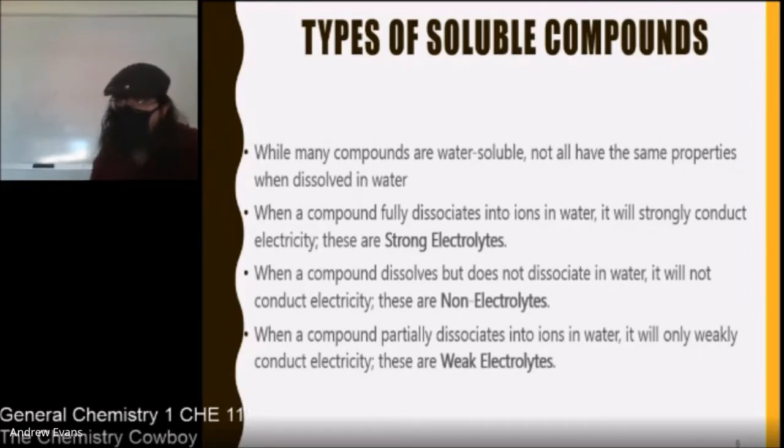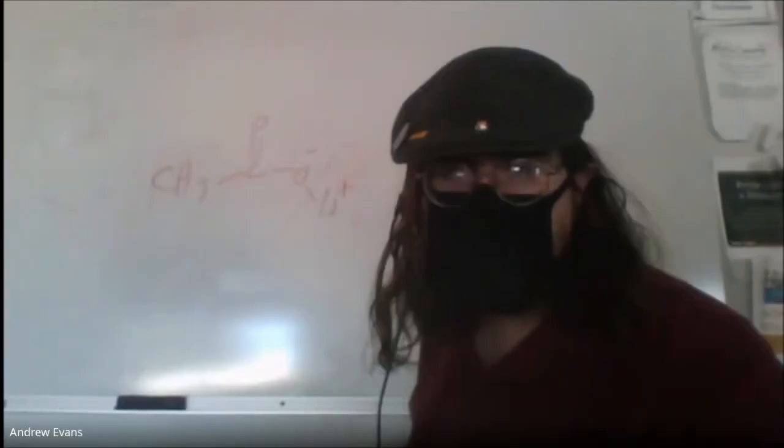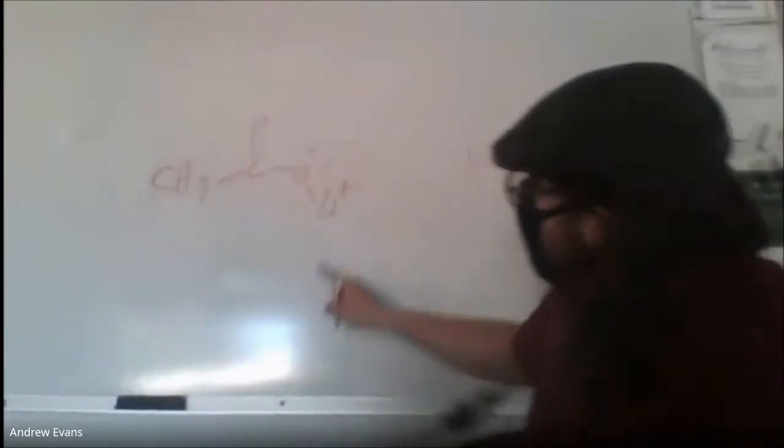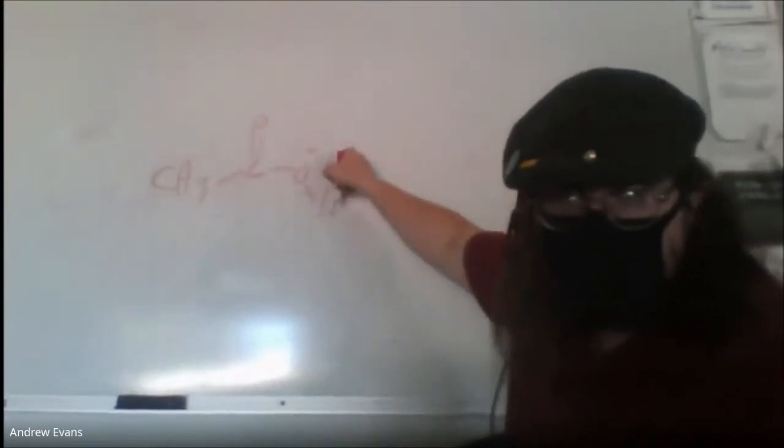So these weak electrolytes are weak because if I have a covalent compound like acetic acid, CH3COOH, this is the bond we're going to break to make a minus and a plus.